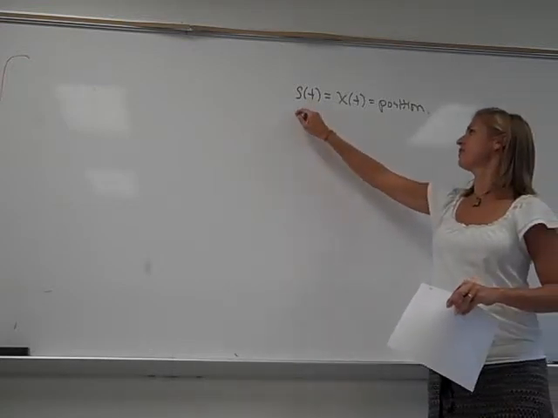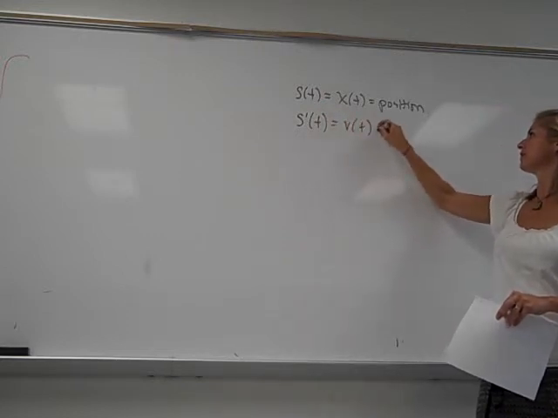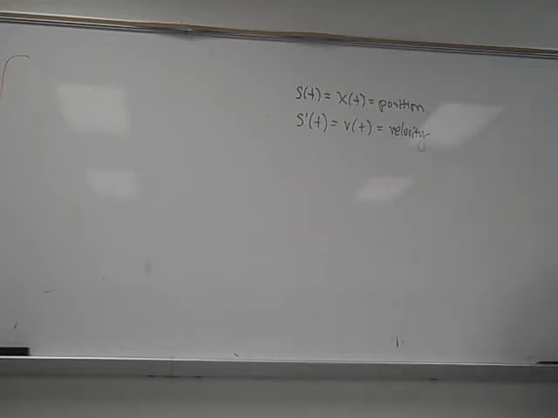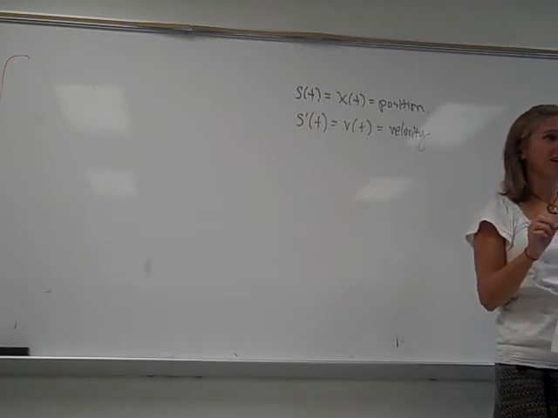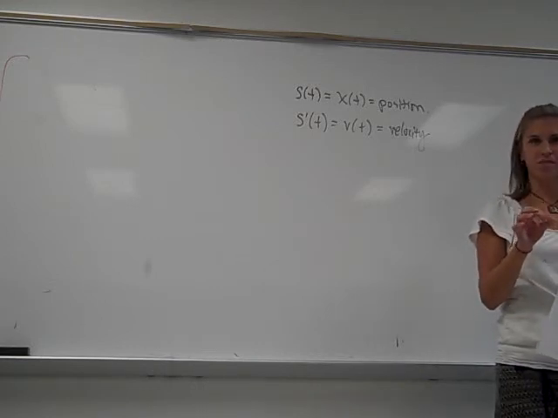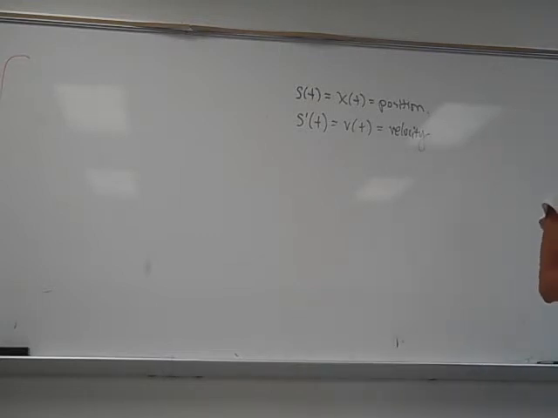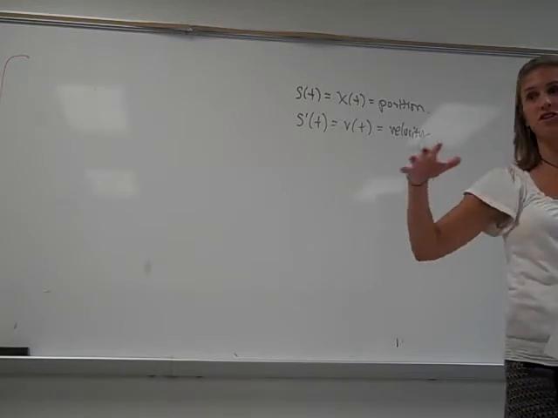Well, if you take the derivative of position, you get velocity. So velocity tells you how fast something is going, and it tells you its direction also. A lot of times these problems will say a particle is moving along the x-axis such that its position function is whatever.